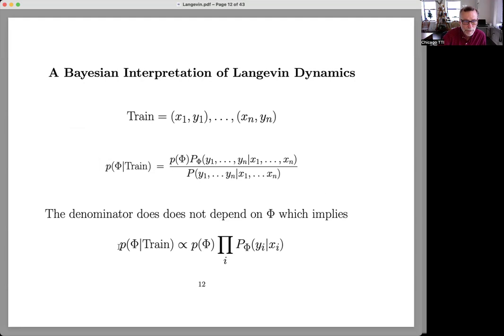And that means the denominator doesn't depend on the model, right? So the probability of the model given the training data is proportional to the numerator. This is kind of a long story, but it's a standard story in Bayesian inference. So I'm applying Bayes' law, and by applying Bayes' law, I get this equation.